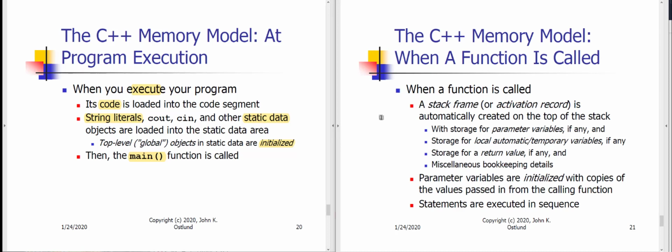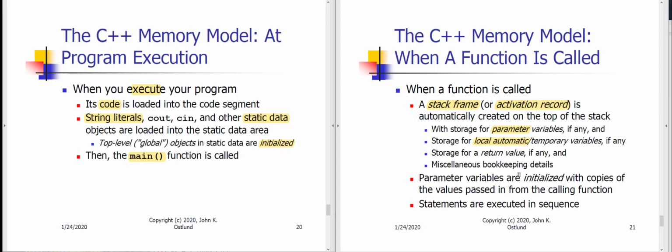When you call a function, for example, when the main function calls DisplayStir in our little example, a stack frame, also called an activation record, for that called function gets created on the stack, and storage is allocated for parameter variables and also for local automatic variables that are used within that function.